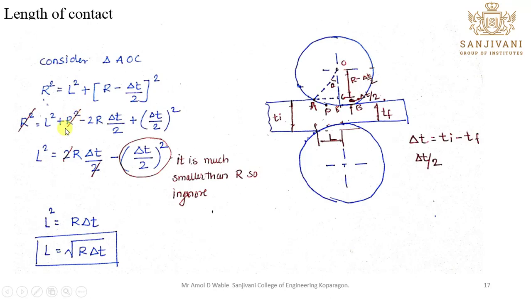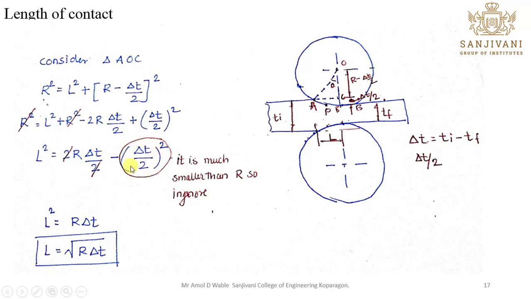Here R square will get cancelled, as we are interested in the value of L. Keep L on one side and put all other terms on the opposite side. Here 2 will get cancelled, the minus term will become plus, and the remaining terms are R delta T minus (delta T by 2) square.